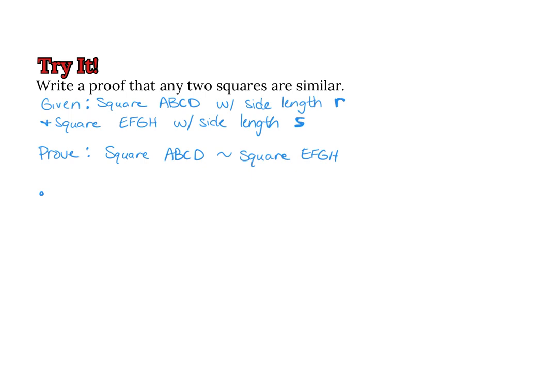Okay, so we want to dilate square ABCD by our two side lengths. Okay, our scale factor would be those two side lengths divided. So scale factor K would equal S divided by R. Okay, this would map square ABCD onto square EFGH.